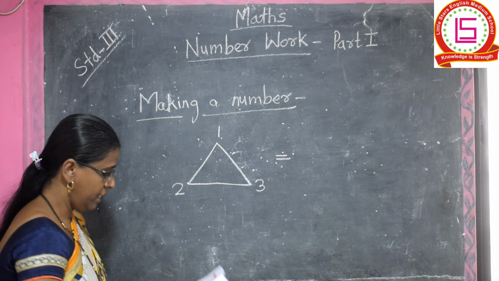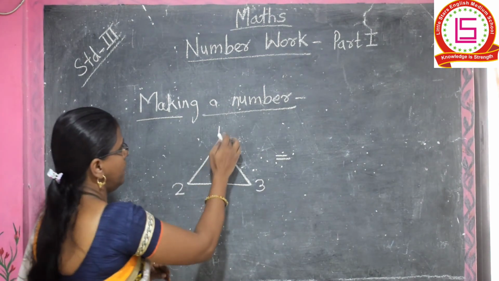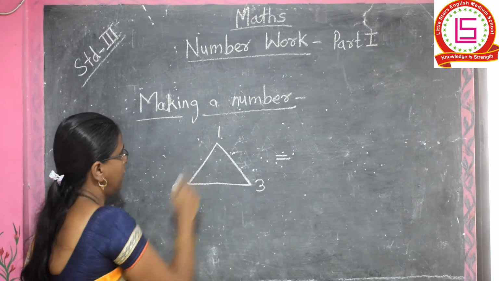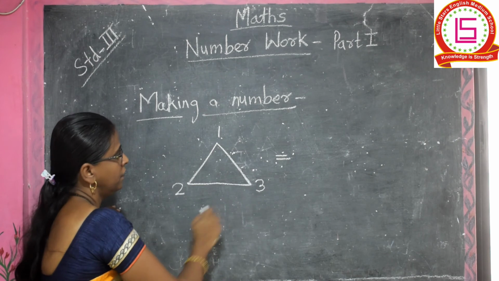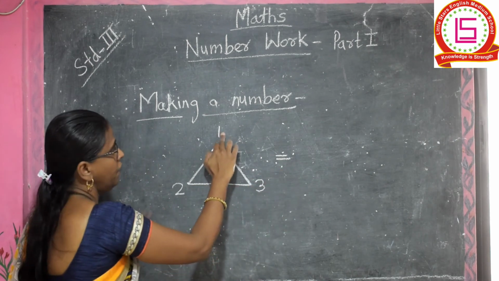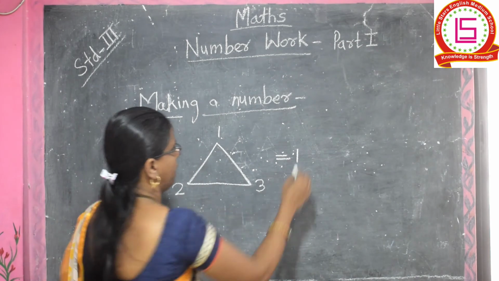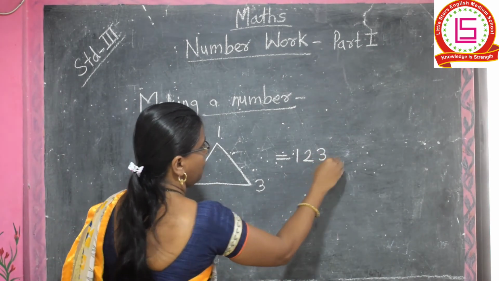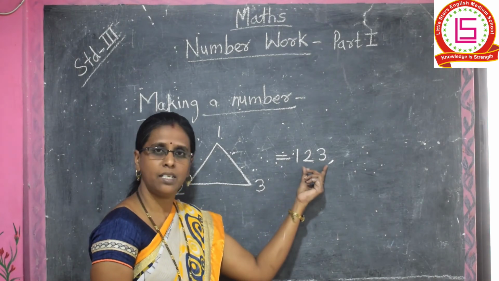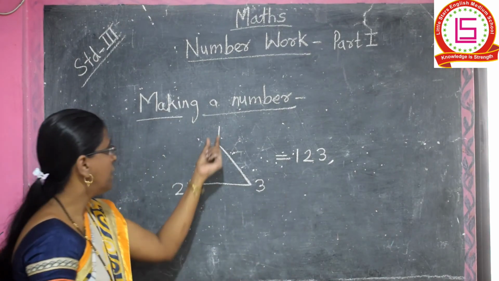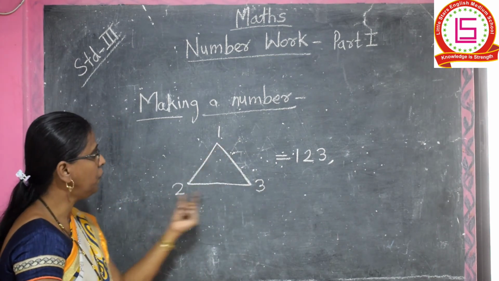Then see how to make a number. See here, one digit is here, 2 and 3. We use these digits and make a number. First we write 1. Start from here, 1, 2, 3. This number is a 3-digit number. Take first 1, after 2, then 3.